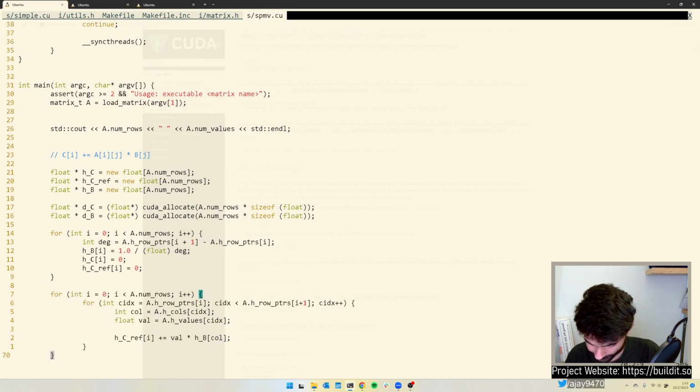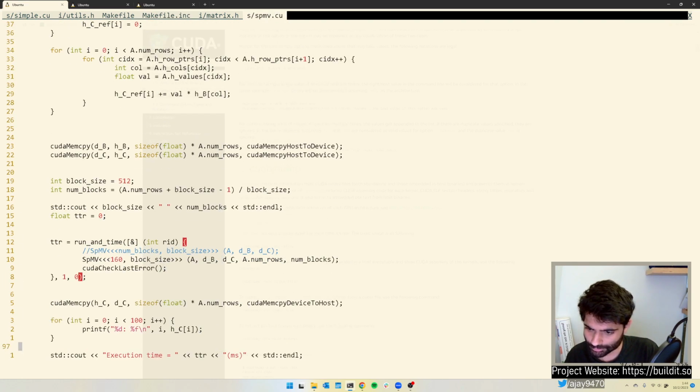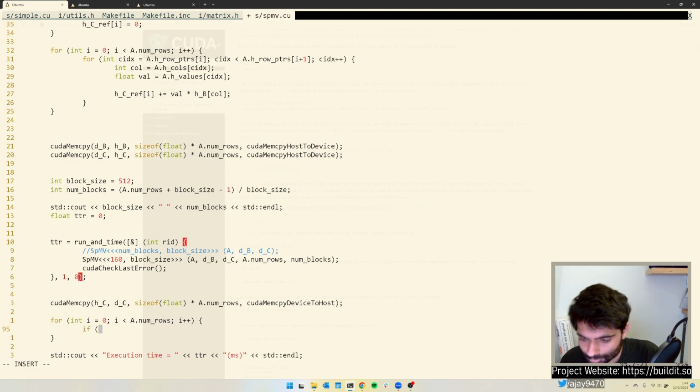Okay, this should be good. Now I'm going to compare those values. Floating points.